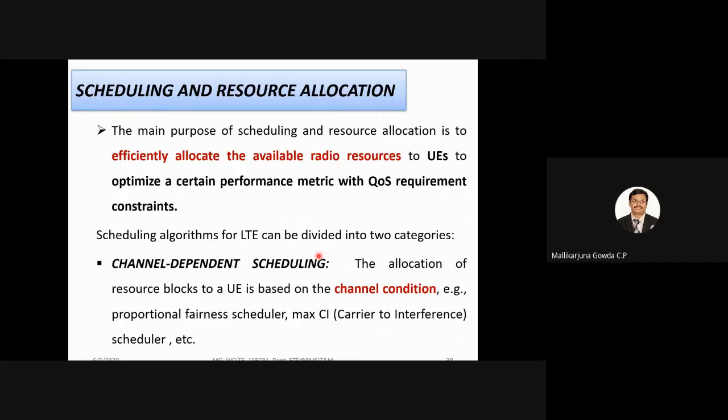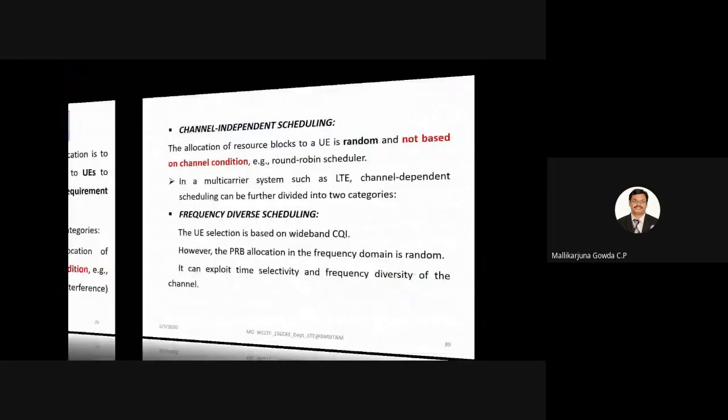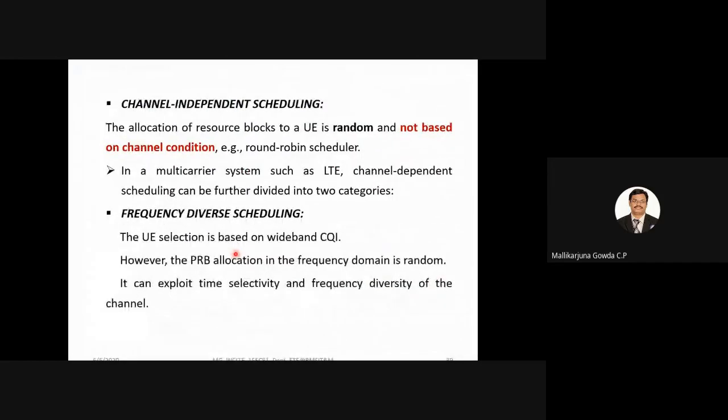Okay. That is why it is called channel dependent. In case of channel independent scheduling, the allocation of the resource block to the user equipment is random and not based on the channel condition. You might have heard about this round robin scheduler. Okay.